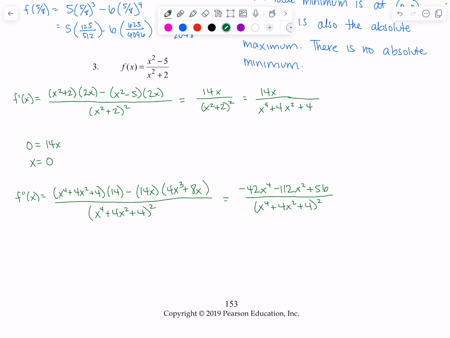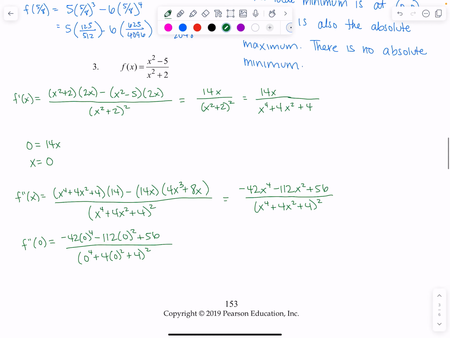And we're testing when x is 0. So we're looking at our second derivative test at 0. Negative 42 times 0 to the 4th minus 112 times 0 squared plus 56 over 0 to the 4th plus 4 times 0 squared plus 4 squared.